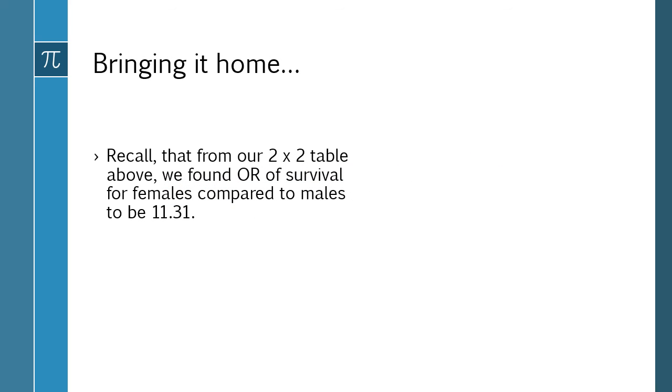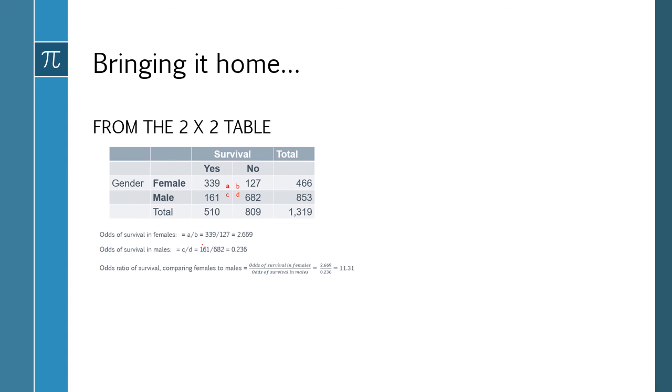All right, so here now I'm going to bring it all home. Recall that from our 2x2 table, we found that the odds ratio of survival comparing females to males was 11.31, okay? And so here is the table, again, the odds ratio of survival. So odds of survival in females divided by odds of survival in males gives you 11.31.